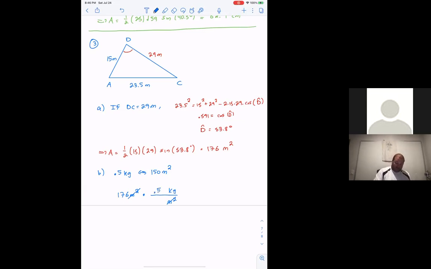We have the correspondence that 0.5 of those corresponds to 150 of those. So if I take 175.5279425, multiply it by 0.5 and divide it by 150, I get to 3 sig figs 0.585. And my new units are kilograms. All right, that is question number 3.